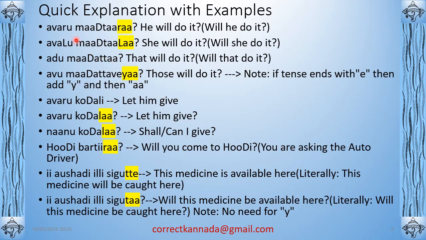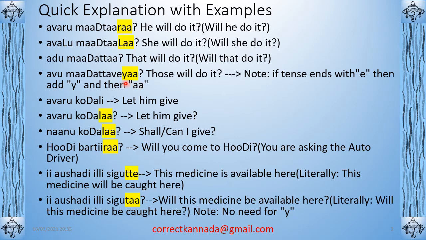Okay, next slide. So more examples, avaru ಮಾಡ್ತಾರಾ, right? He will do it, right? Is the literal translation. Proper English will be, will he do it? ಅವಳು ಮಾಡ್ತಾಳಾ, will she do it? ಅದು ಮಾಡತ್ತಾ, will that do it? Right? ಅವು ಮಾಡತ್ತವೆಯಾ, right? ಅವು ಮಾಡತ್ತವೆಯಾ means will those do it?